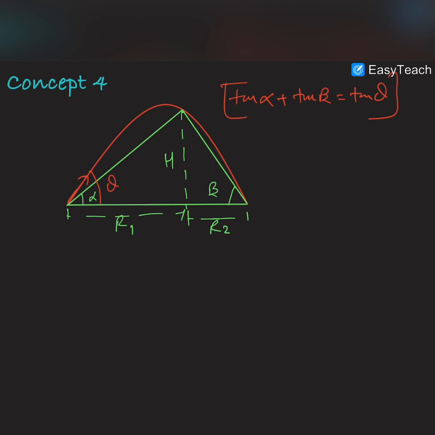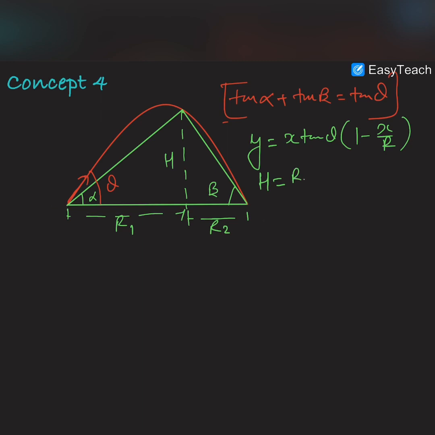So let us analyze this result. Okay, or let us prove this result. We know that the equation of trajectory is y equal to x tan theta into 1 minus x upon R. We already have derived this result, and if the point of projection is this one, y would be h and x would be r1.